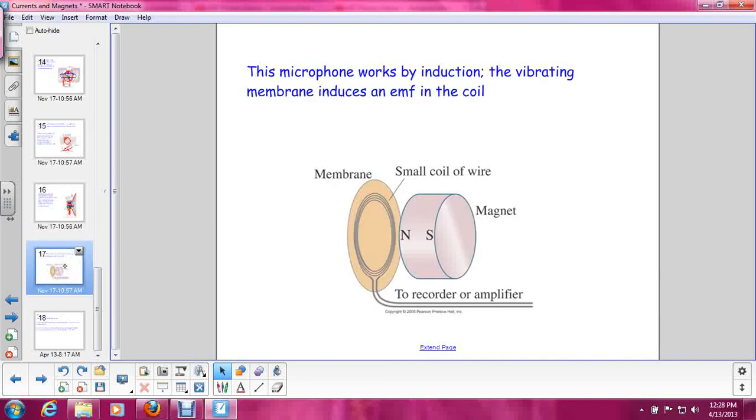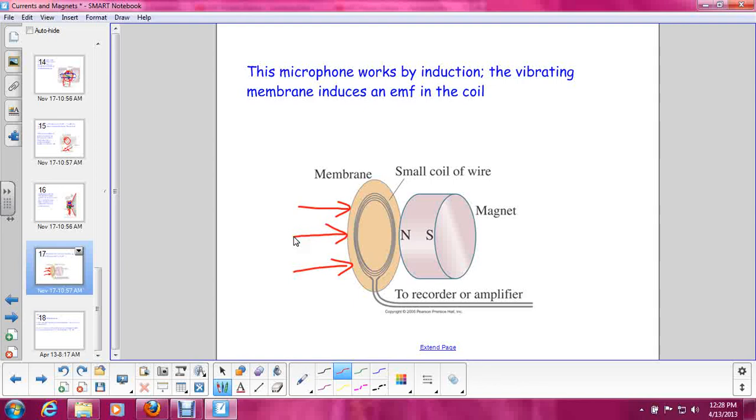Now, a final example of where you would find these is a microphone. A microphone works by induction. So instead of pumping current in to make a magnetic field that interferes with another magnetic field, you actually cause mechanical vibrations using your voice on a membrane in the microphone.